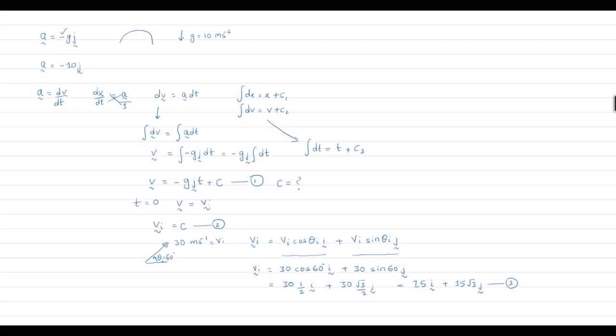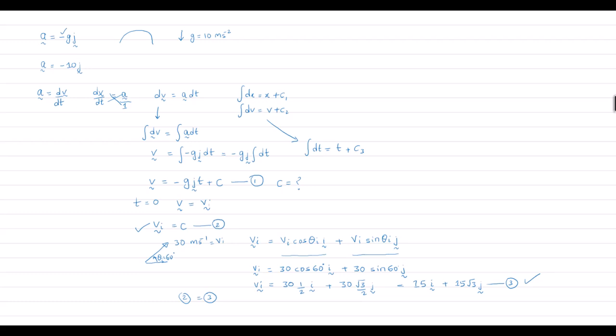So if I combine equation 1 and 2, equation number 2 gives vi equal to c, and then we also have equation number 3, which also gives vi. Since both of them give vi, that means I can make equation 2 equal to equation number 3, and that should give me the value of c.